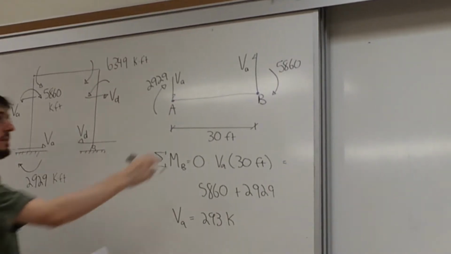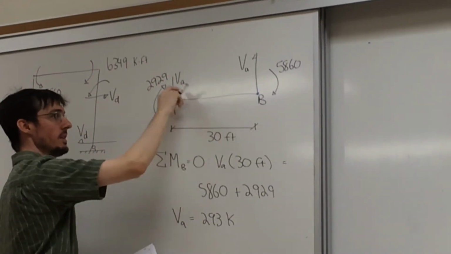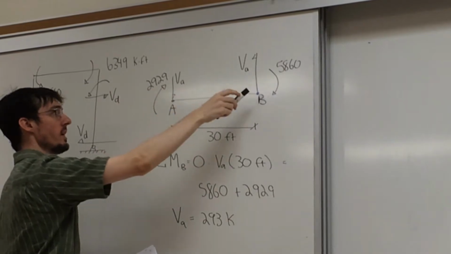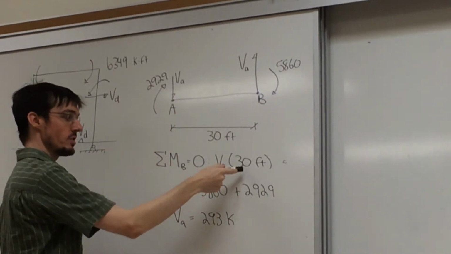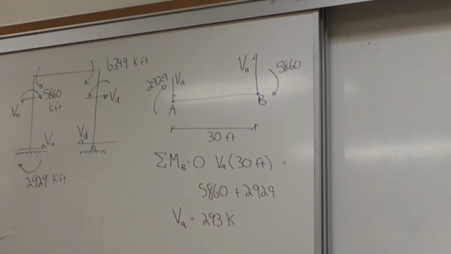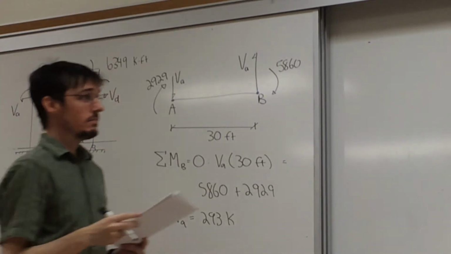So you take moments about B, you have VA rotating this direction times that 30 feet, and then your 2929 and your 5860 are rotating the opposite directions, so the sum of your moments is equal to 0, and you will get that. We can also do the same for joint D.